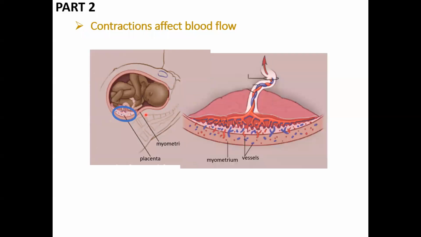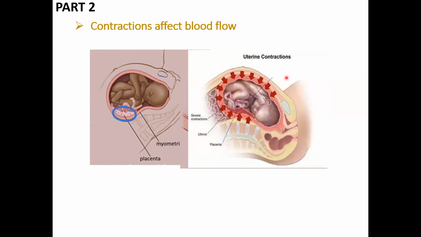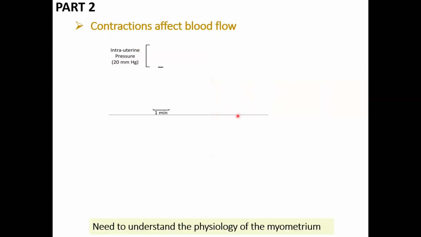The uterus is, of course, via the placenta, linked to the fetus. And you can see that within the myometrium, of course, are the blood vessels that feed the placenta and thus the fetus. Very strong contractions in labour, and what they will do is clamp down, they'll occlude those uterine vessels.